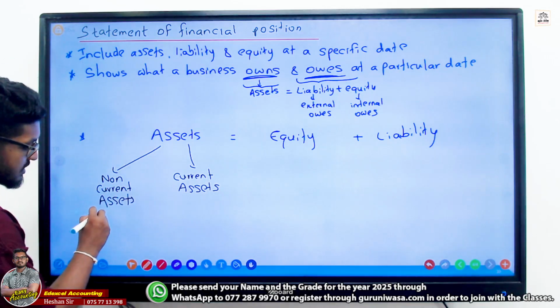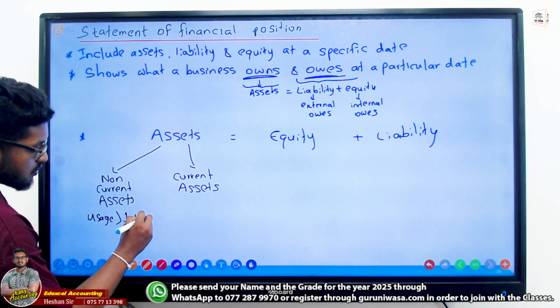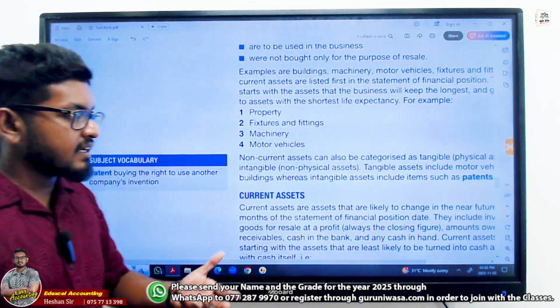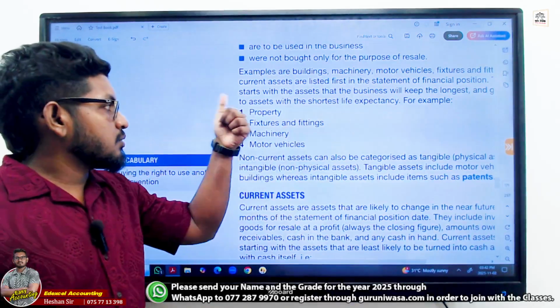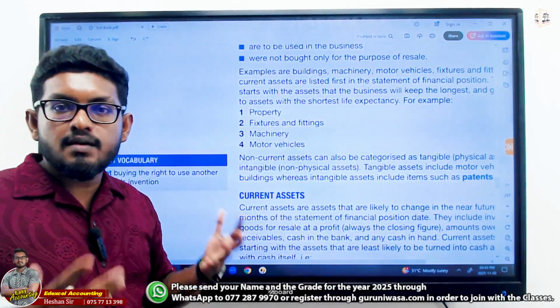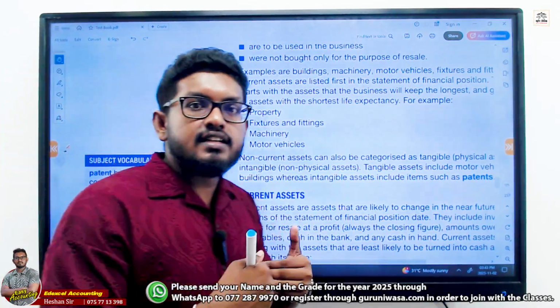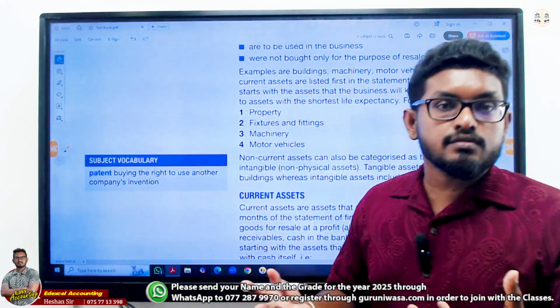There are two categories: tangible and intangible. Tangible means things we can touch: property, fixtures, machinery, motor vehicle. Intangible means we can't touch. For example, a patent. Patent means think you invented a new thing. If you invented a new thing, you can take a patent license.